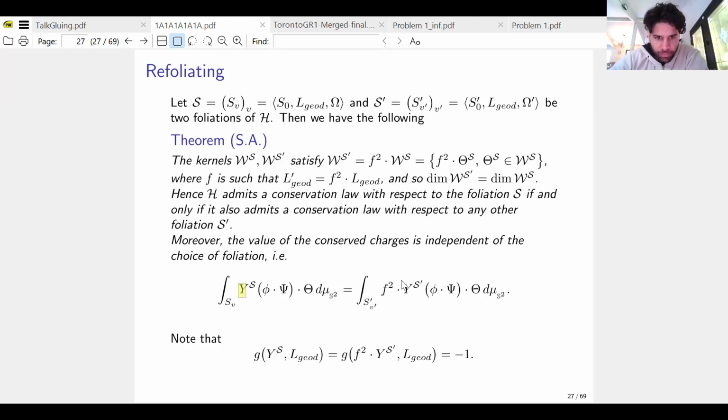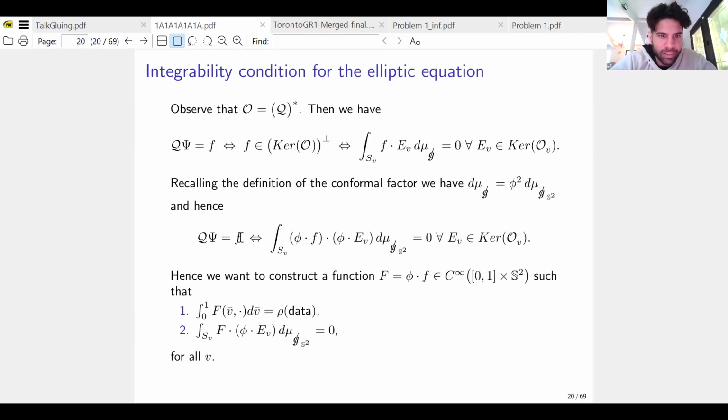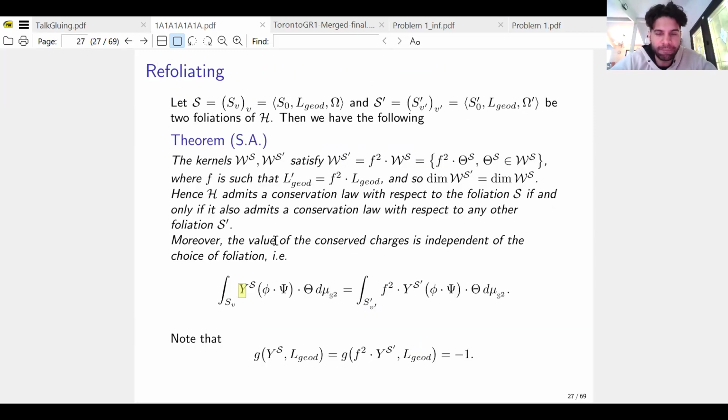Now, when you normalize your transversal vector with respect to your sections, then that normalization is a little bit different. And that introduces this factor f here. So this f has nothing to do with the original f that I told you before. It's just a geometric f.